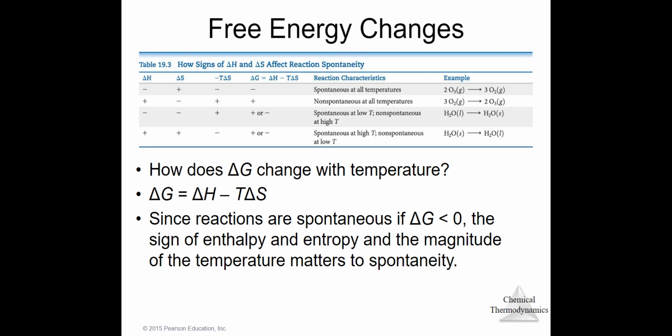So again, this table here, if you end up wanting to screenshot this, summarizes a lot of what we just talked about in terms of spontaneity versus temperature. Just keeping in mind what the temperature is and what the signs are is going to help dictate what's happening with that free energy.